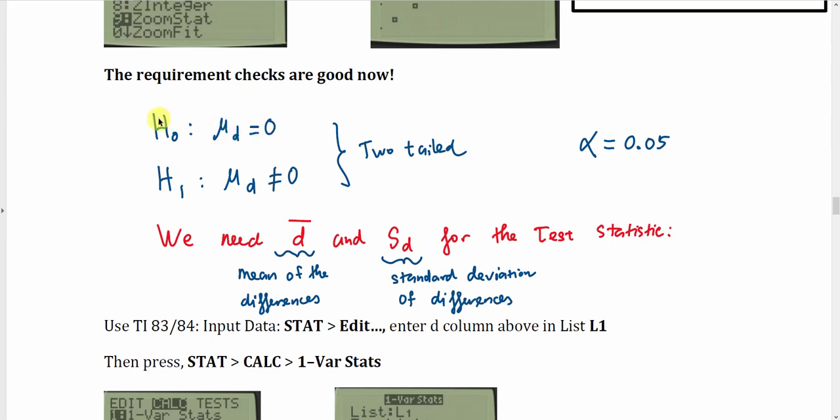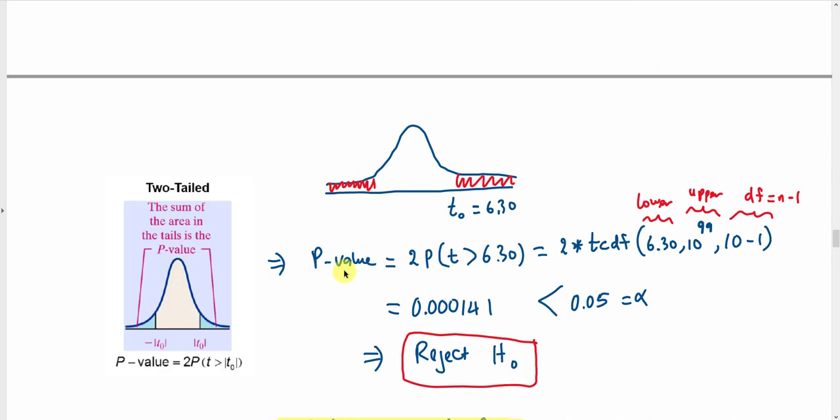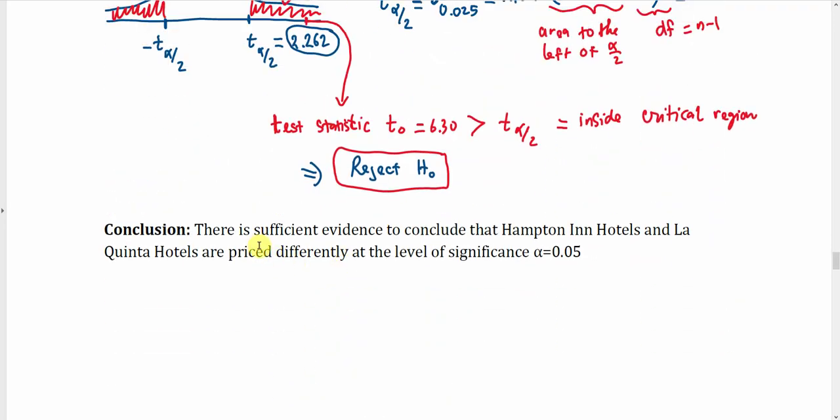But now, because we don't support this, that means the prices should be different. Or you can conclude that there's sufficient evidence to conclude that the prices for the Hampton and the La Quinta hotel are priced differently at the level of significance alpha equals 0.05.